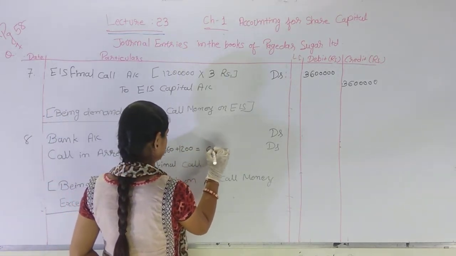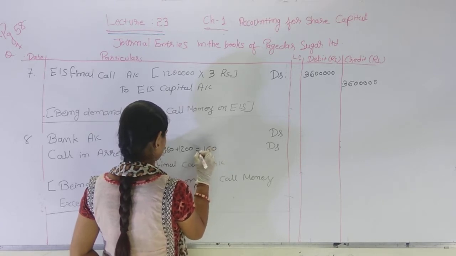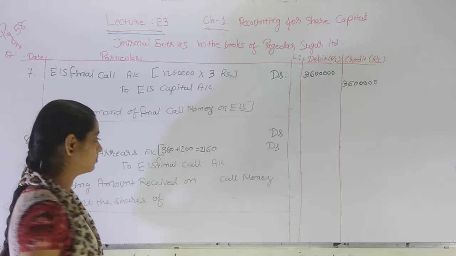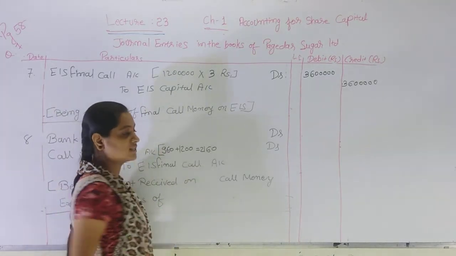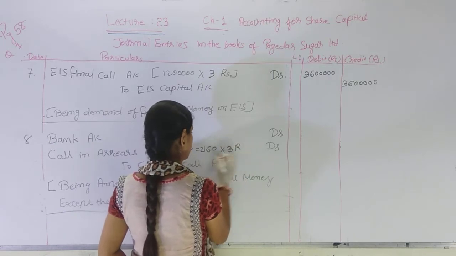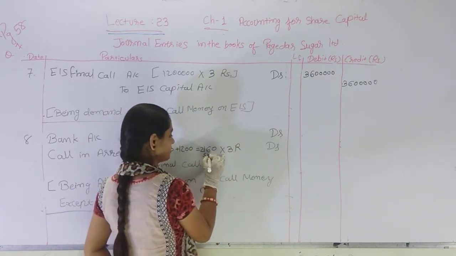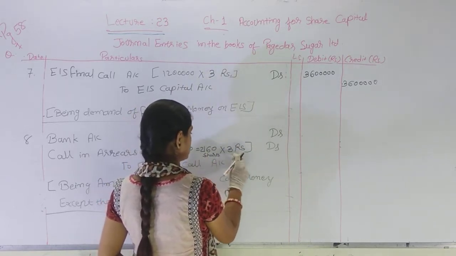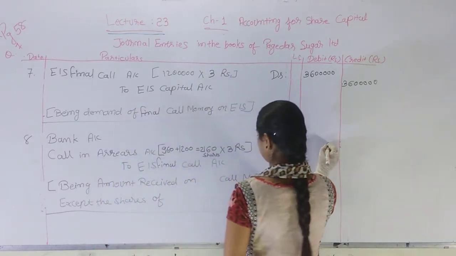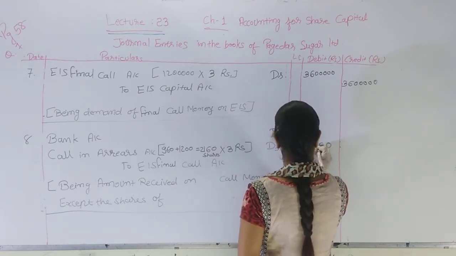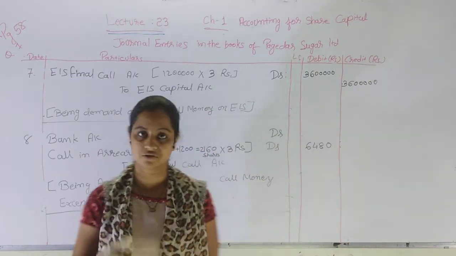So total we have not received amount from 2160 shares into we have demanded 3 rupees. 2160 into 3. 6480 amount we have not received.